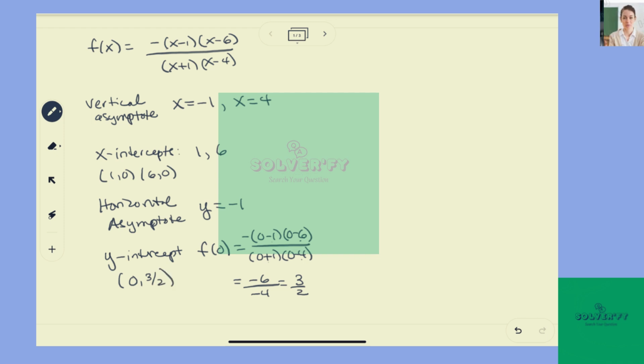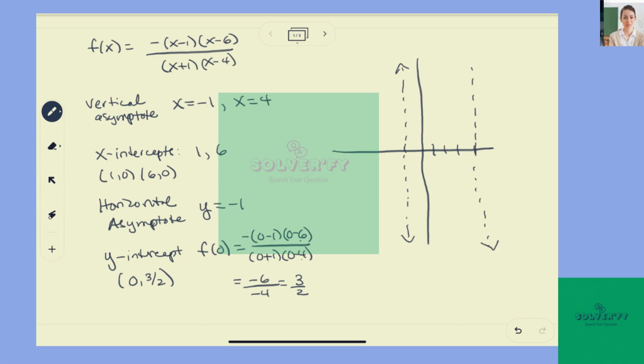I can't see the graphs to match them, so I'm just going to sketch this graph for you and you can match them. I'm going to have an asymptote at -1 and one at 4. My x-intercepts are 1 and 6.